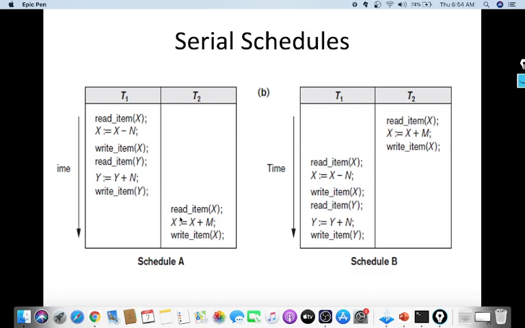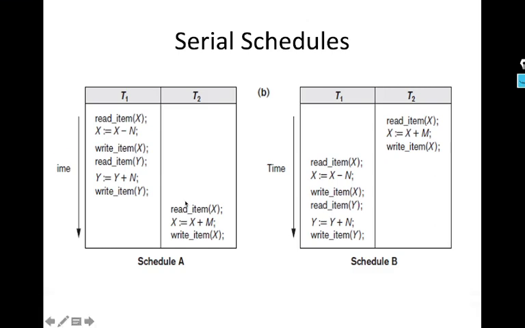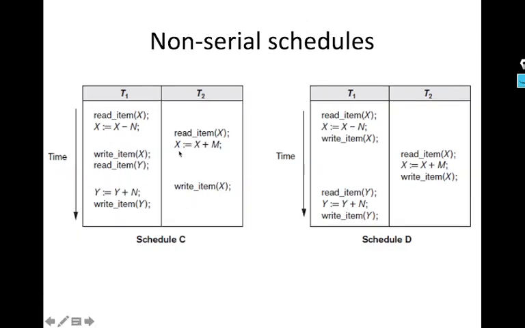So we have to check whether x is 89 and y is 93 in either of these two schedules. If we give the same values here, x is 90, then 90 minus 3 is 87. Now we read x again, so x will be 87 here, and 87 plus 2 is done. X becomes 89. Now we write it, so 89 will be written.